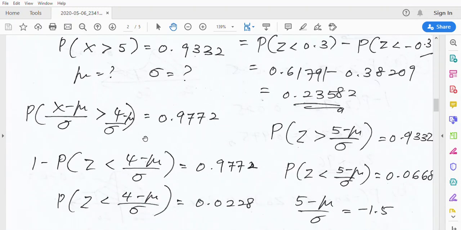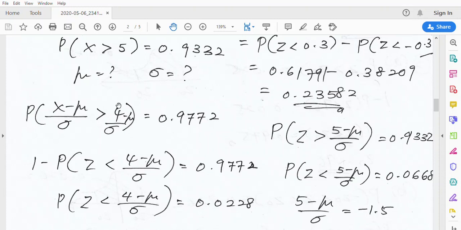So we want to calculate the mean and also standard deviation, right? So from these two data given, we want to find the mean and also the standard deviation. So we just use the simultaneous equation. So we transfer it into the z standardized form first.